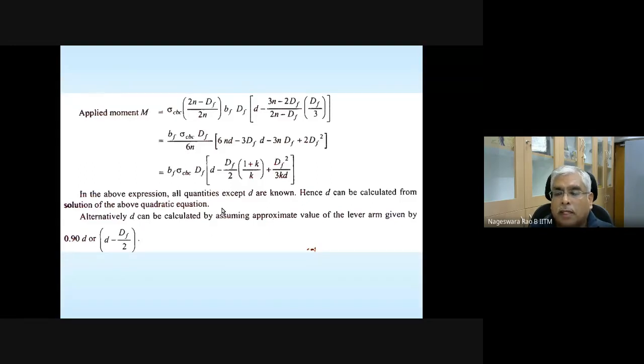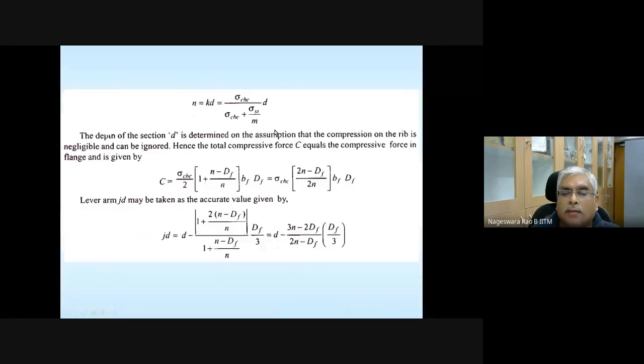This is the effective depth for a balanced T section. Once you get the effective depth for the balanced section, you can find an approximate value of the lever arm distance. Or alternatively, please note that here what you did is this lever arm. You noted down the formula for trapezoid and applied that, and then you got this lever arm distance.